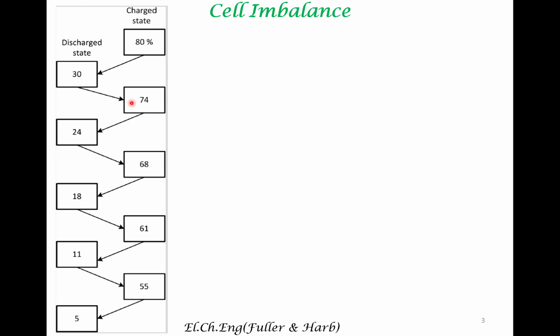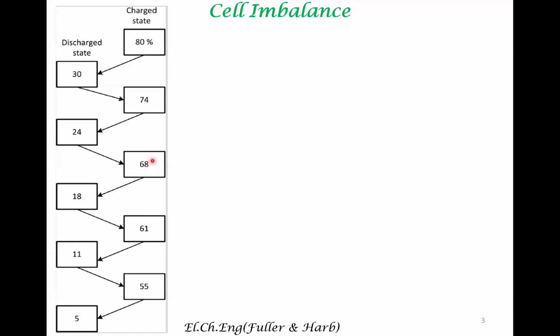So there is some efficiency loss. Okay, so there is some inefficiency in charging. So it gets the state of charge to only 74. Again, when you discharge the battery from 74, you go to 24. Again, there's a 50% decrease in state of charge. When you recharge the battery, even though you apply the same amount of charge, you do not get back to 74 or 80.